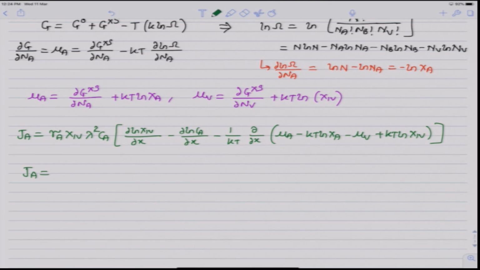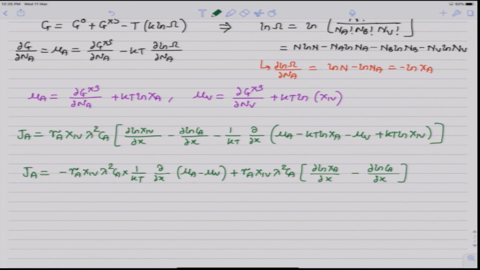If we take the mu A minus mu V term together, we will get JA equal to minus gamma A X1V lambda square CA times 1 by KT dou by dou X of mu A minus mu V plus gamma A X1V lambda square CA times dou ln XA by dou X minus dou ln CA by dou X.